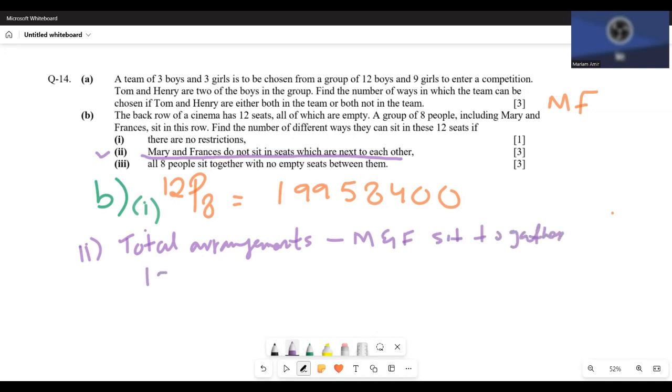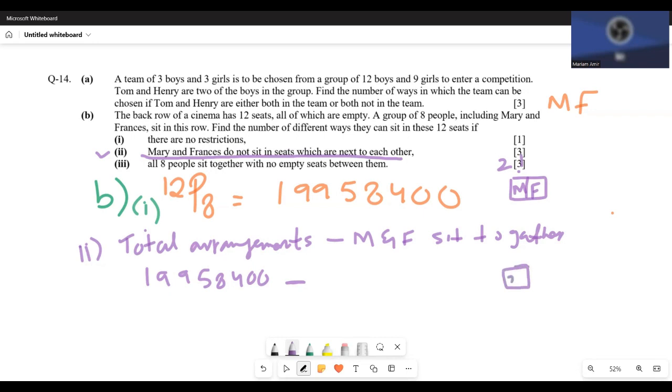So this is 1995840 minus. Now let's make them sit together. If Mary and Frances sit together, that's a group, and that's 2 factorial arrangements. Now let's consider this as one group.